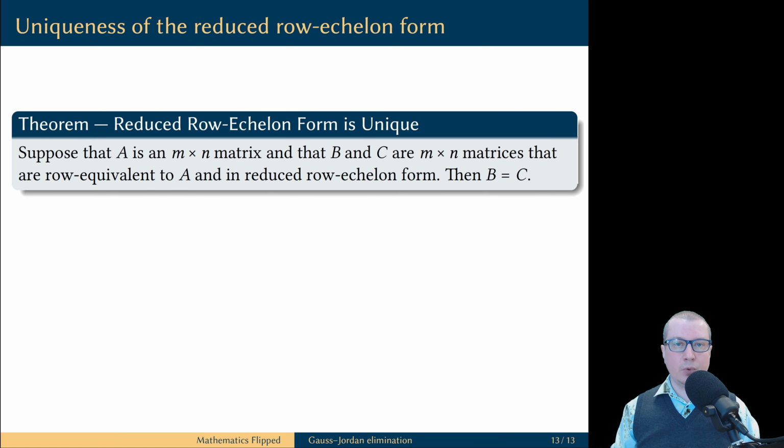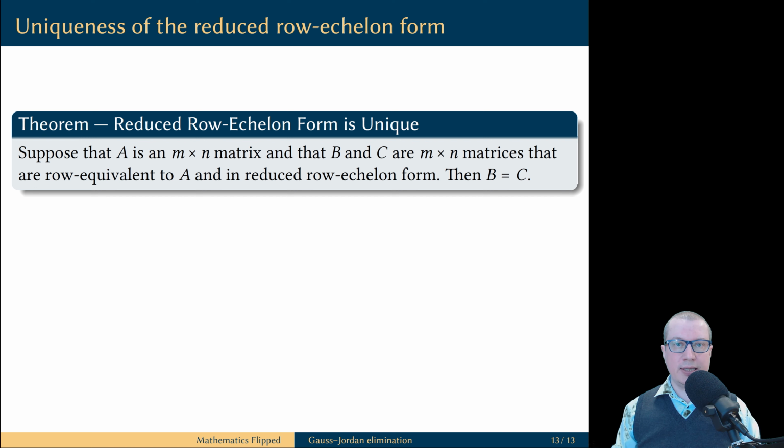Finally, I wanted to remark that the reduced row echelon form of any given matrix is unique. You might have noticed in my step-by-step explanation of the algorithm in 2 examples that you have some freedom of choice and you can take different directions how you reduce the matrix to the reduced row echelon form.